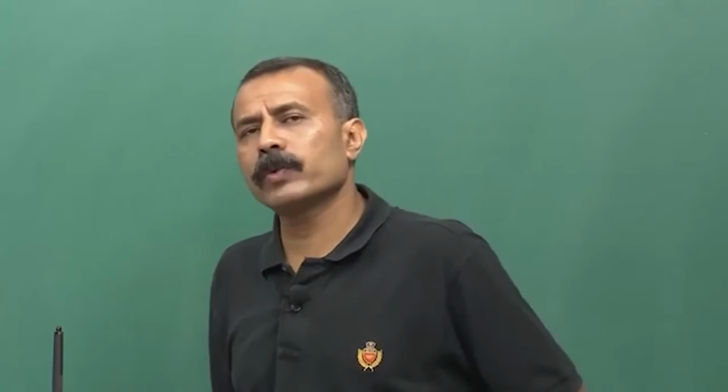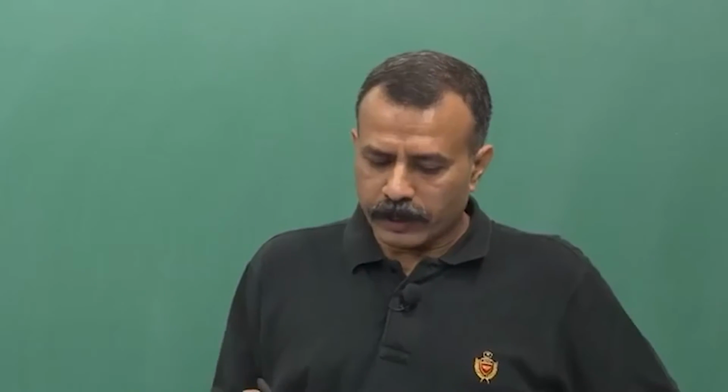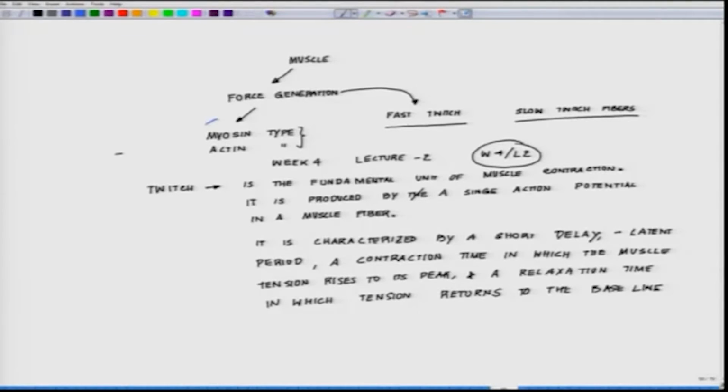First thing you have to realize, for fast twitch and slow twitch fibers, you have different kinds of myosin heavy chains. In step 1, if you remember, I told you they could be classified based on the myosin subtype. So, the fast will have a different configuration compared to the slow, because in the fast, the y axis is showing the force, whereas in the slow you have something like this.